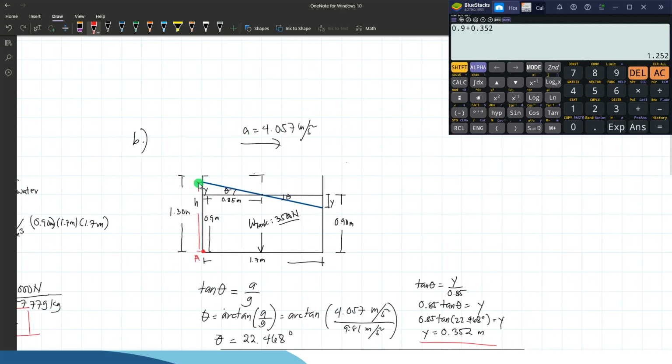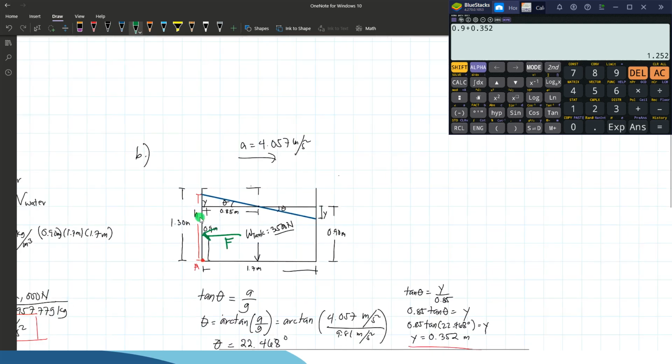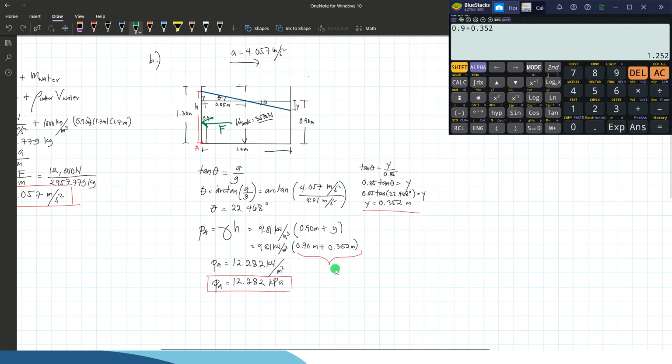So what will be the hydrostatic force acting on the side that has the greatest depth? Since this is just a plane surface, a vertical face, we only have one direction. Force F, what will be that force F?